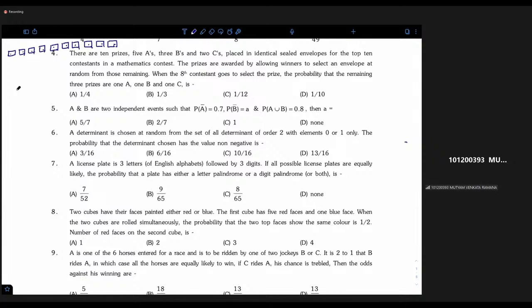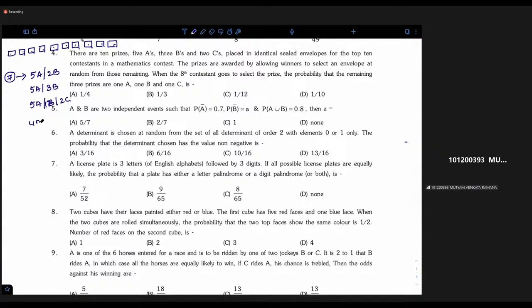Look at here. First 7, how many ways we can give it to them? First 7. 5 A's, 2 B's. 5 A's, 3 B's. 5 A's, 1 B, 2 C's.